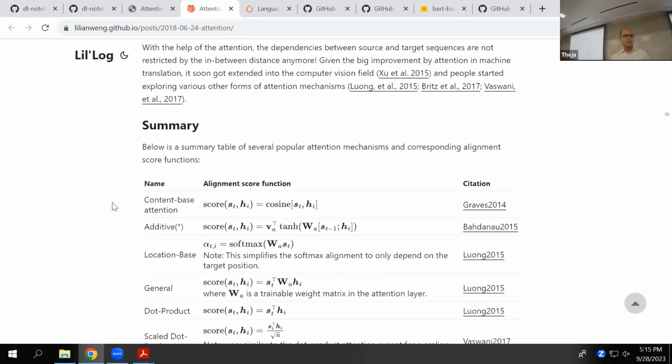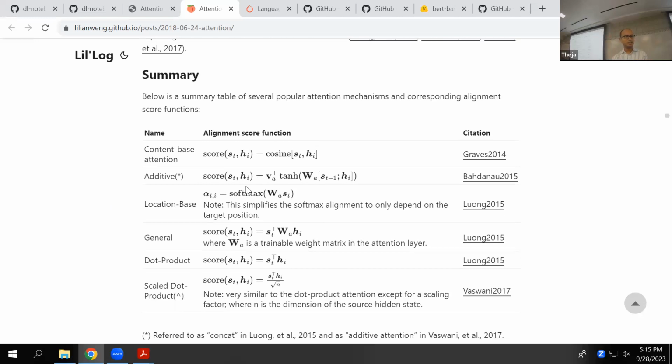Now, even there, how do you compose the decoder hidden vector with the encoder's hidden vector? I was saying that we could just do inner product, and in fact, in self-attention, we were just doing inner product between queries and keys. But you can use many different functions there.